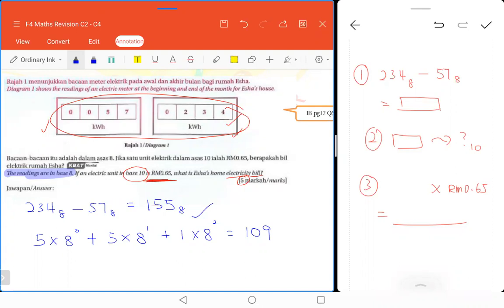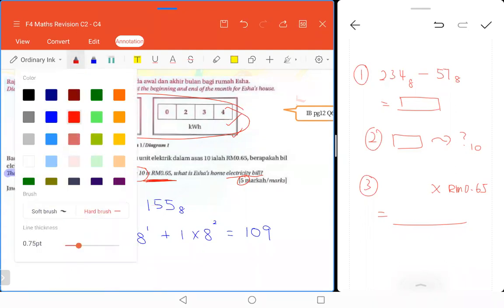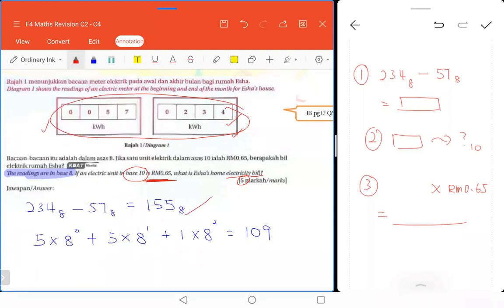Okay, in base 10, after you show how you convert to base 10, you need to show it. Don't write there, "I convert with calculator." This is paper 2. In order to get 5 marks, you have to show. Let me show you the marking scheme. Here you can show the working, 1 mark. The answer in base 10, another mark.